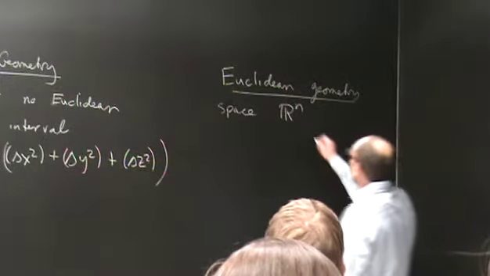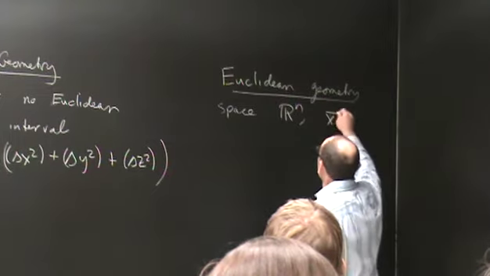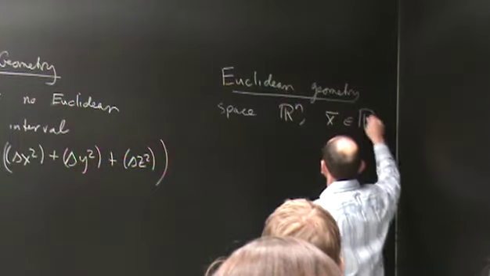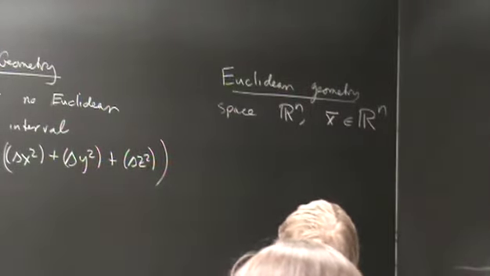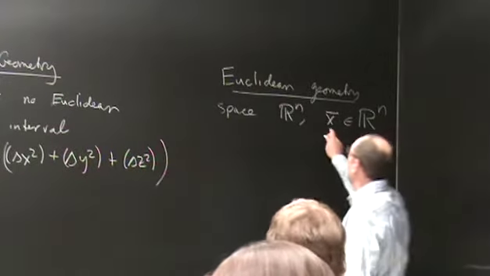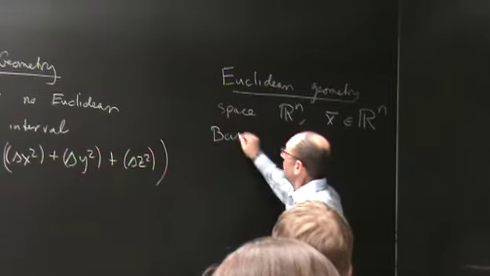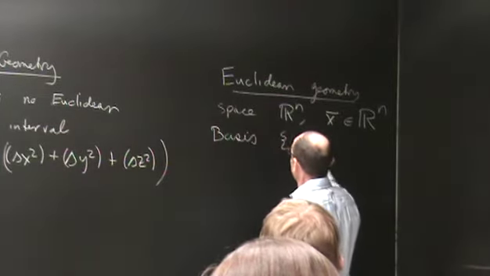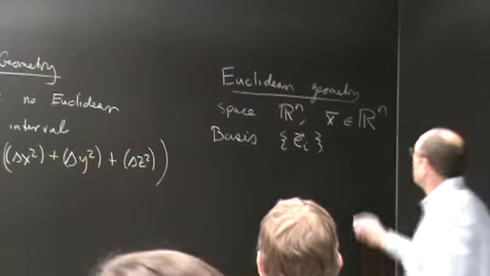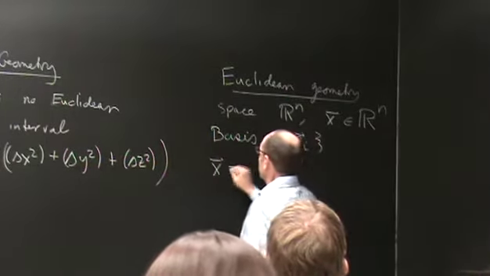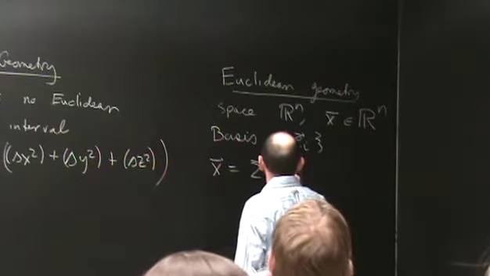And we have some point in R^n that's a vector. Okay? And we can express that point in the space in terms of a basis. So we have some basis for the space, e sub i going from 1 to n. And we can decompose x in terms of those basis vectors.